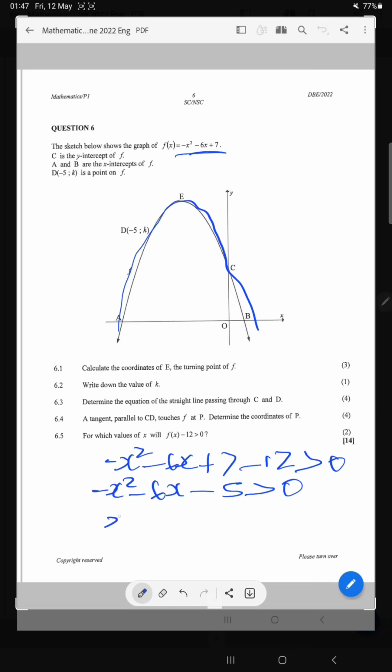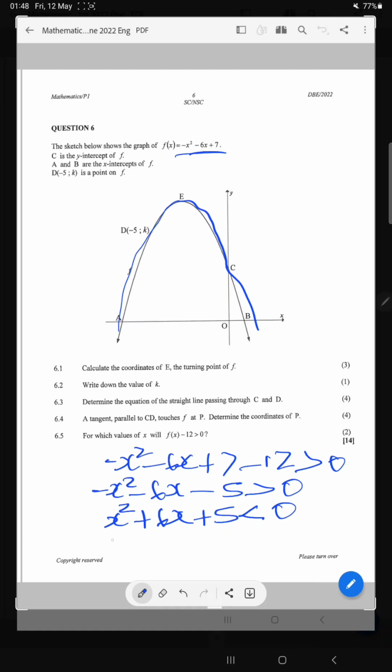It's going to be minus 1, which results in positive x squared minus 6x plus 5. Because we divided by minus 1, the sign is going to change. Then it's going to be less than 0.